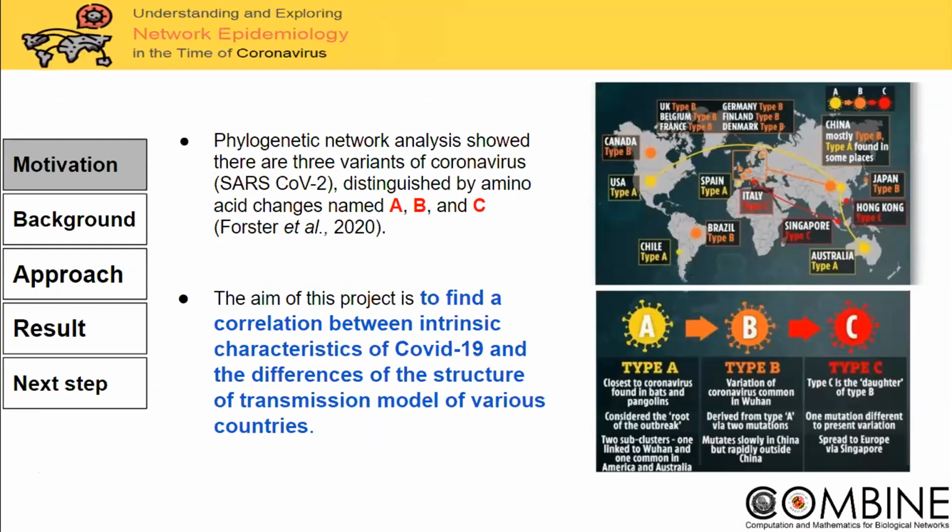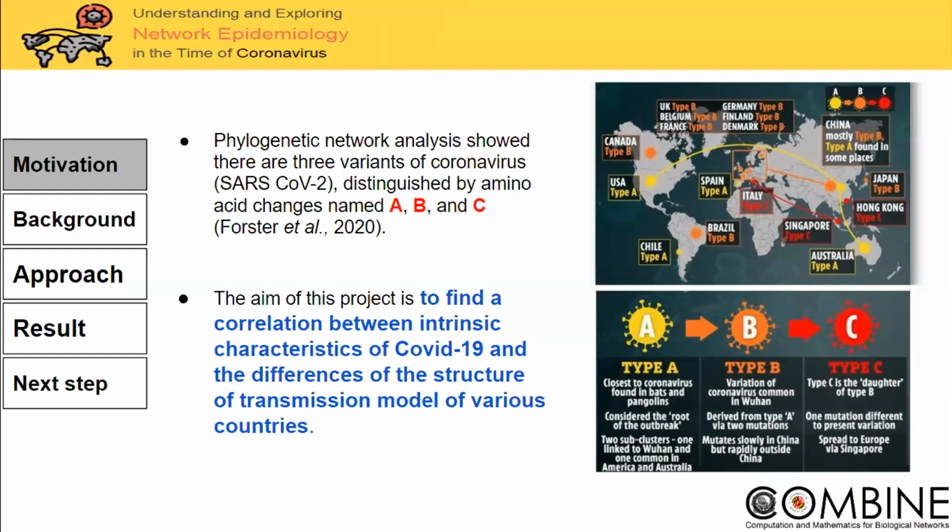Okay, I'm going to start. In March 2020, the group of researchers composed of Foster and colleagues performed a phylogenetic network analysis comparing the genomes of different samples taken in different parts of the world. They found differences in the genomes, and they found that there were 3 variants of coronavirus SARS-CoV-2.